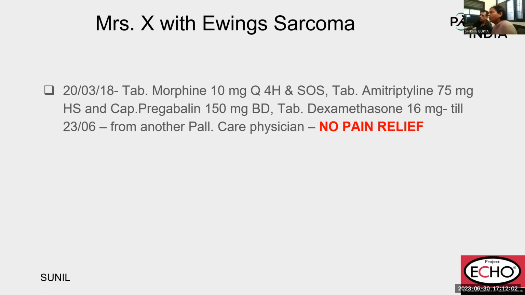Since this was a moderate intensity pain, 5 by 10 or 6 by 10, is it wise to start morphine in the beginning, or should we start with step 2 only? Okay, that's why I told you the pain score given is the pain at rest, but the pain aggravates to 10 by 10 whenever she moves. It is not easy for a person to be like a log on the bed.